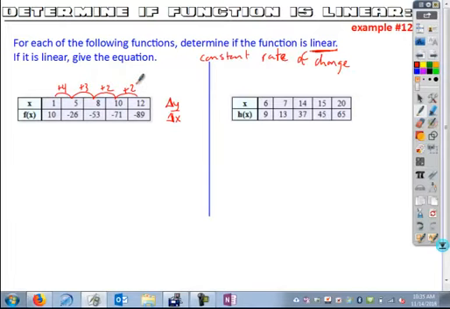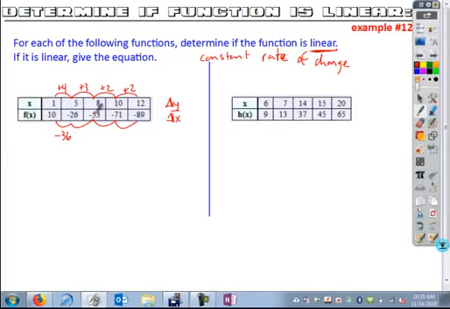What you're looking at is the difference of y's between any two intervals over the difference of their corresponding x's. So when we look at the difference between their y's down here, from negative 10 to negative 26 gives you negative 36.